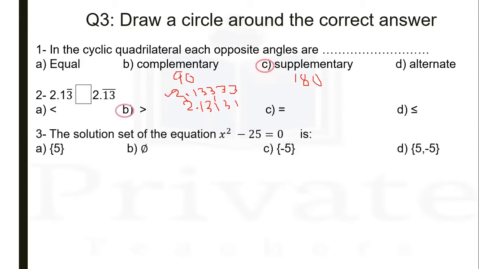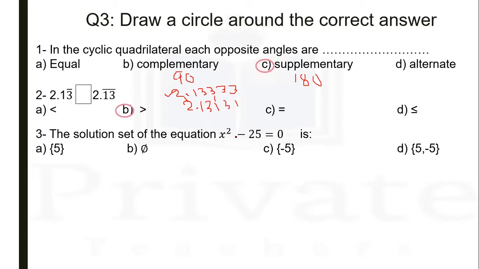The solution set of the equation x to the power of 2 minus 25 is equal to 0. As I told you, this is a special case of a second degree equation. Here we don't have the middle term, so b is equal to 0. We are going to factorize this side.